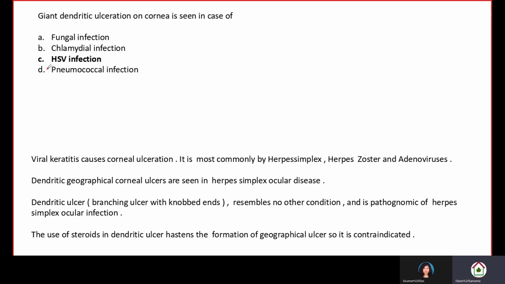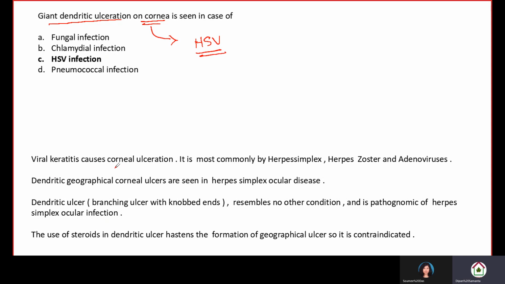The answer will be HSV infection, herpes simplex virus. Very important. So giant dendritic ulceration on cornea is found in HSV infection.